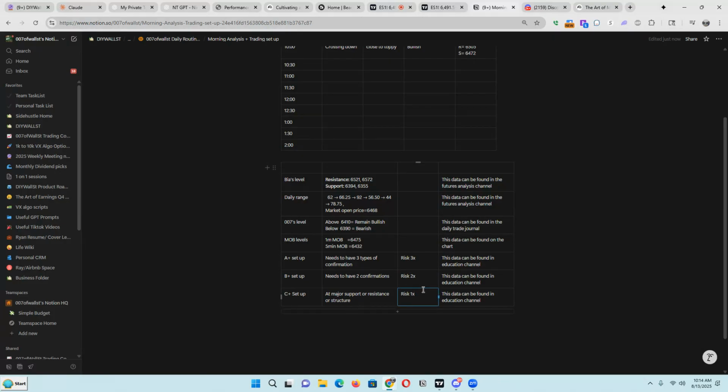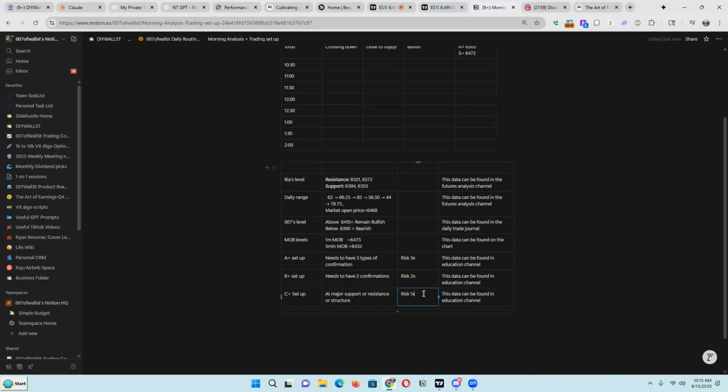So at this point, for the C plus setups, you want to define your risk here. And this part is going to be very speculative. This is entirely based on you and your account size, right? So if you usually have a $2,000 account size, then you want to have the opportunity to be wrong whatever times.